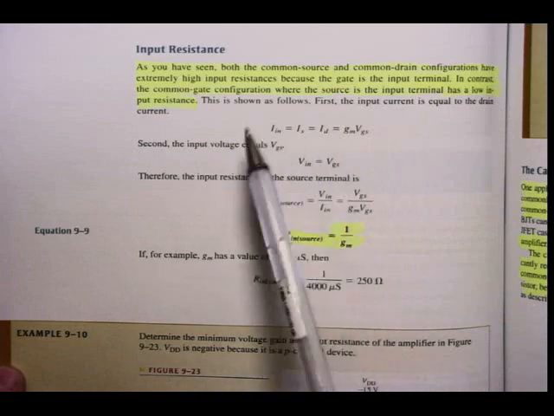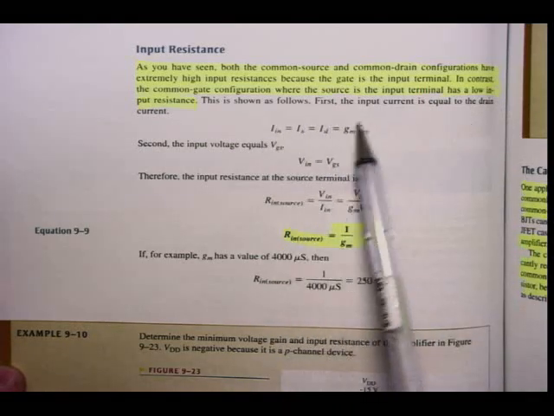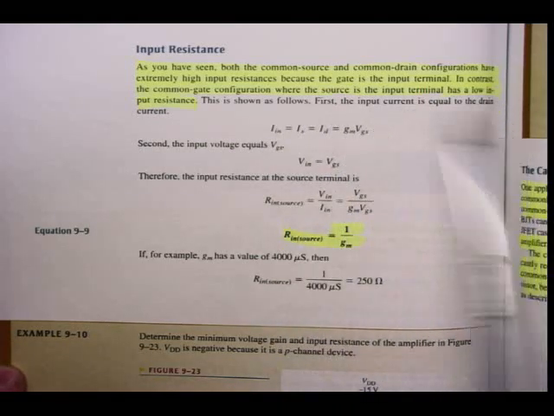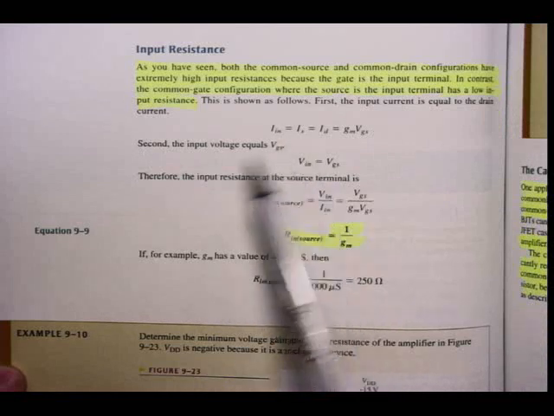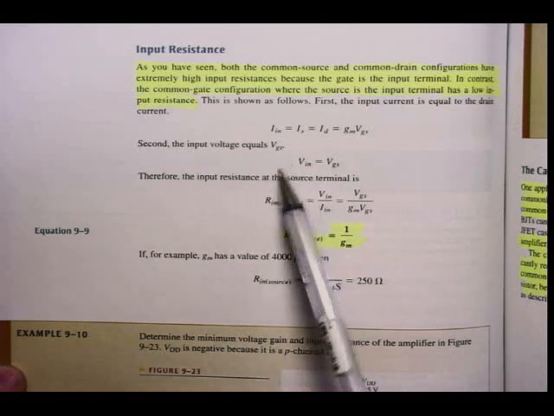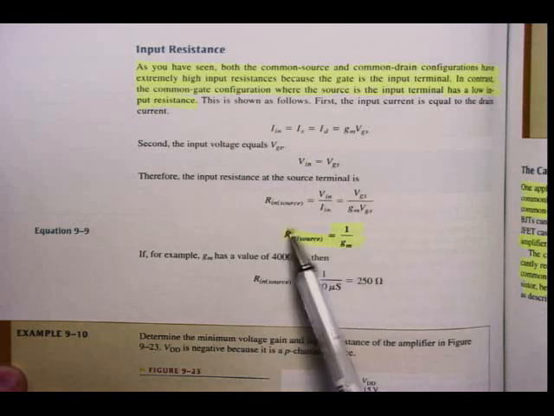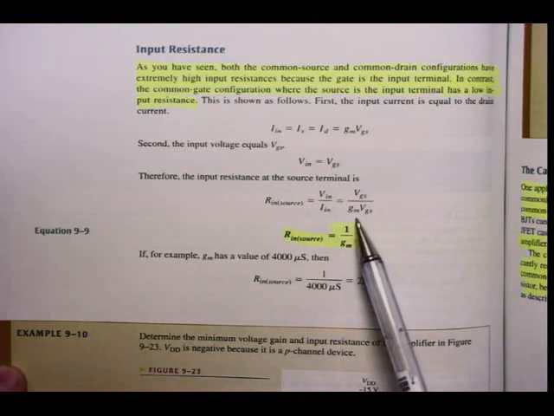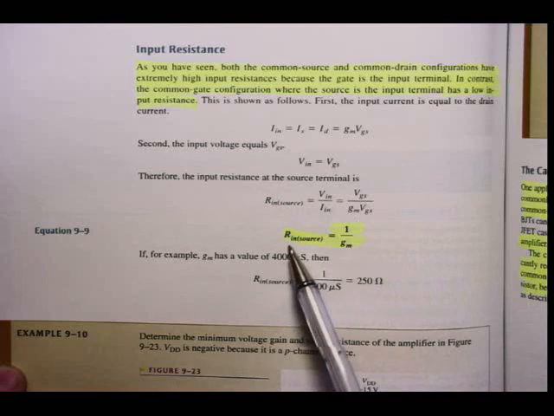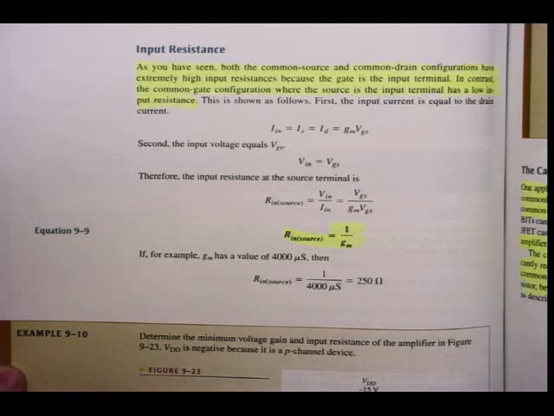Okay, so they show it here. First, the input current is equal to the drain current. Second, the input voltage is equal to VGS. Therefore, the input resistance at the source terminal, Vin over Iin, is VGS over gm VGS. So, Rin at the source is 1 over gm.